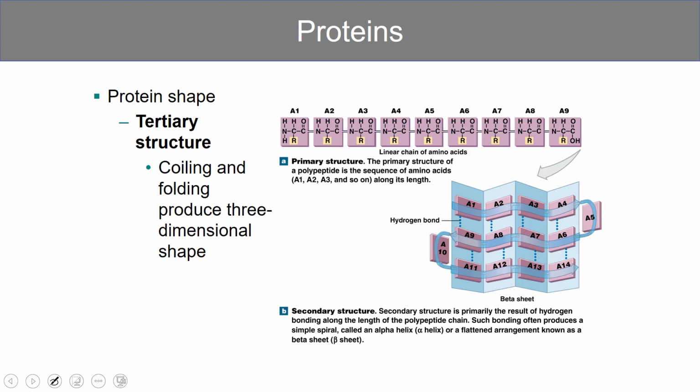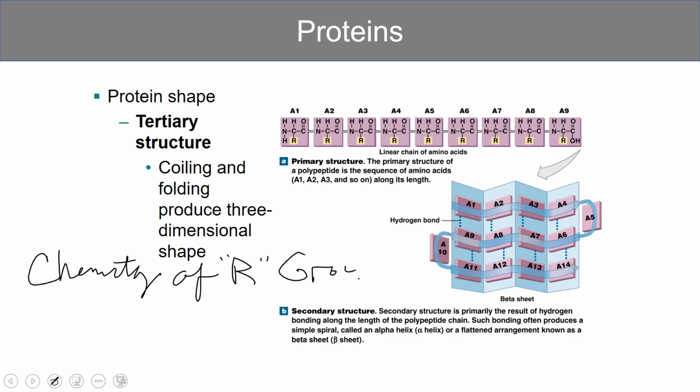What holds the tertiary structure together is the chemistry of the R groups. Remember that each amino acid has that variable group, and we call it the R group. So here we have the R groups in this chain, and it's just the chemistry of those.